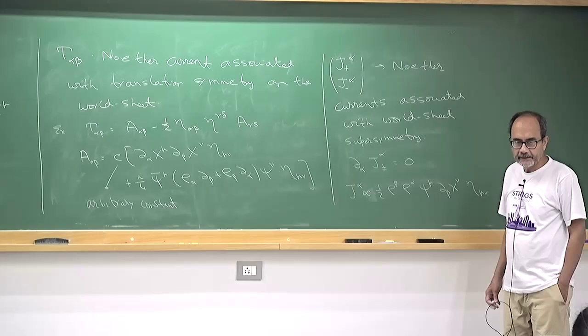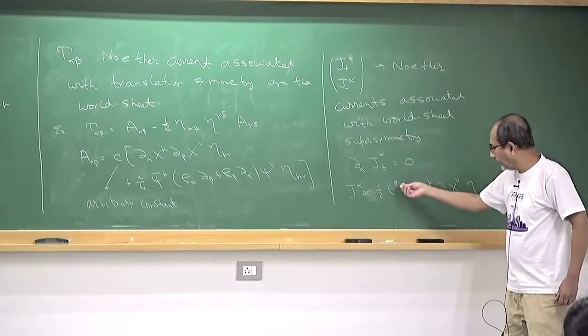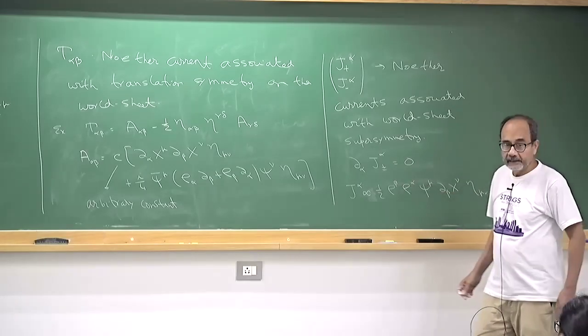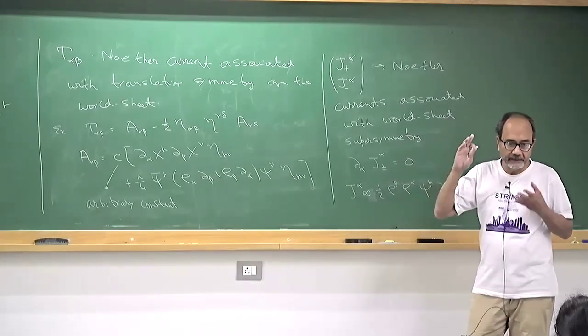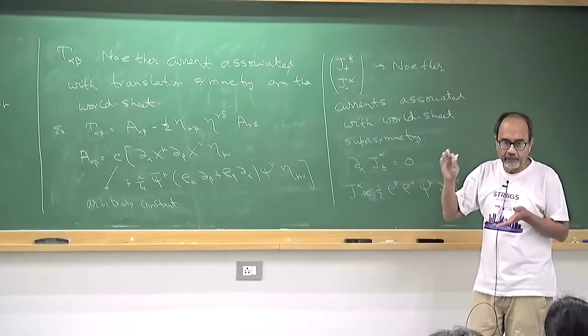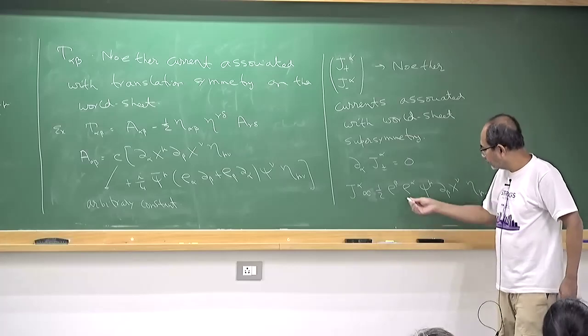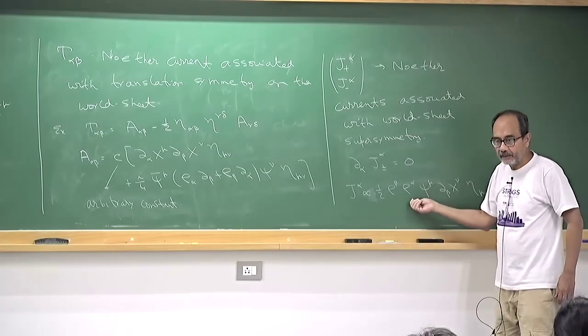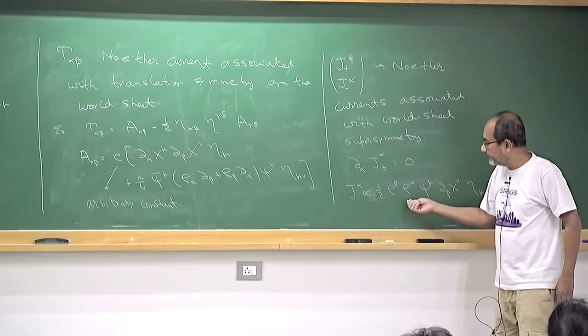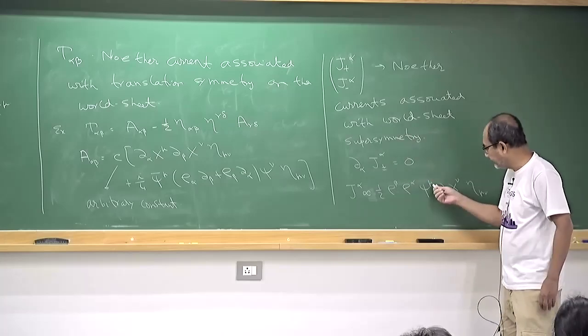Is this clear? So rho beta rho alpha is diagonal, because rho 0 and rho 1 individually are purely off diagonal. So this quantity is diagonal. So you see that J alpha plus is proportional to psi plus.